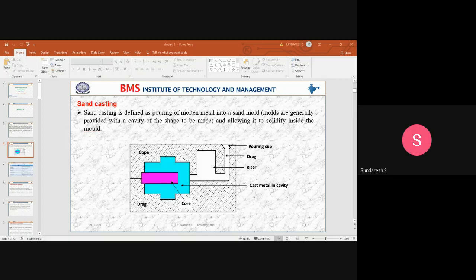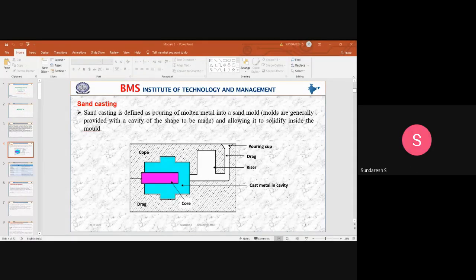Sandesh. So we'll first place the drag on a flat floor, and we'll fill it with molding sand, and we'll make that sand flat, and we'll place the pattern.